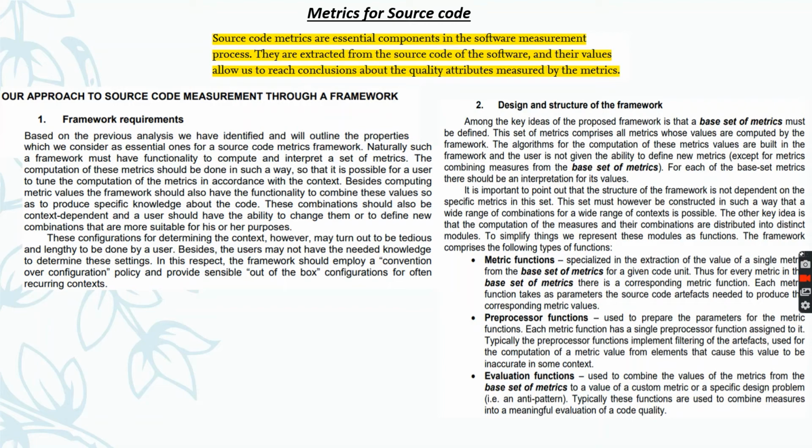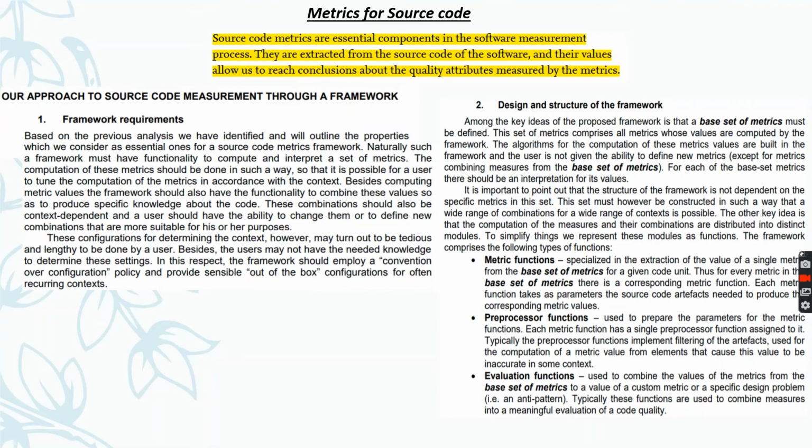There are framework requirements for approaching metrics for source code. Such source code measurement naturally depends upon the functionality to compute and to interpret a set of metrics. The computation of these metrics should be done in such a way that it is possible for a user to tune the computation of the metrics in accordance with the context, which means that the combination should also be available in a manner of context or a language to the user so as to have the ability to change or update them and to define new combinations that are much more suitable for his or her purpose.